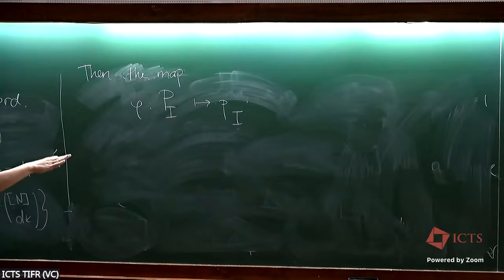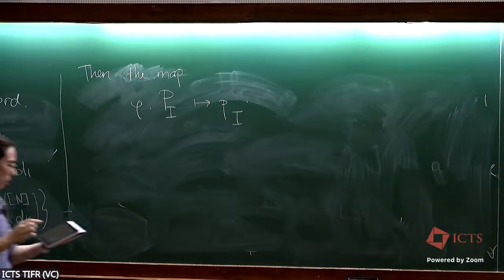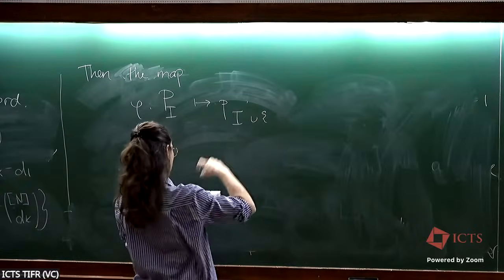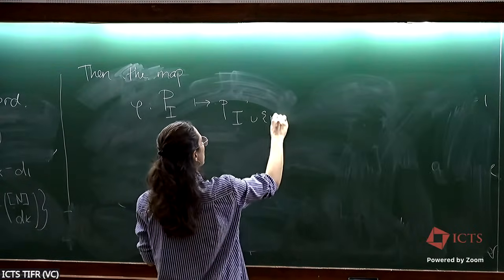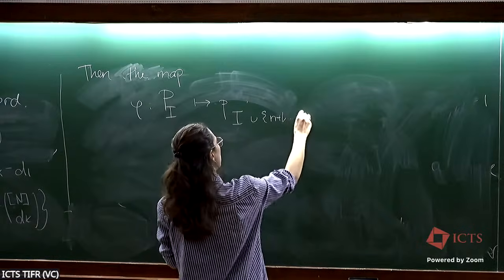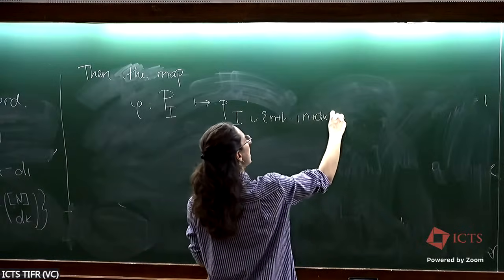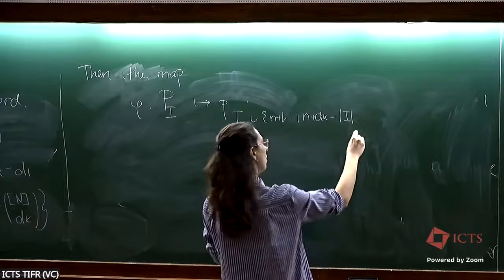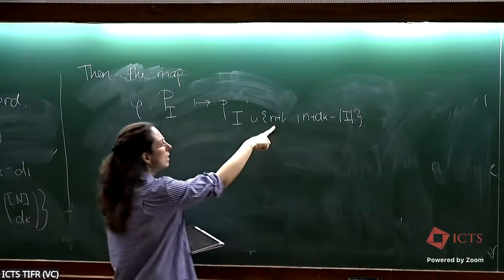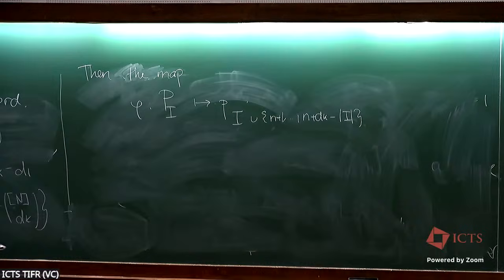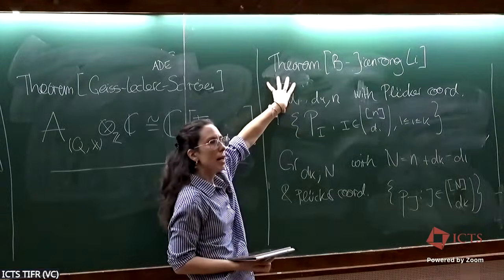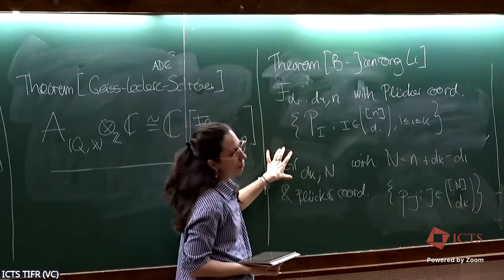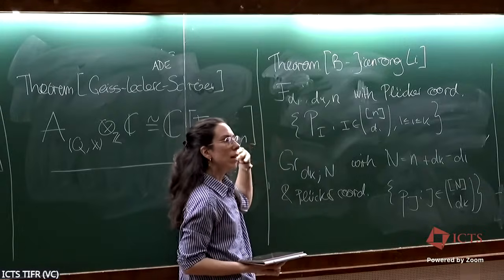If it's already d_k, I don't have to do anything. But otherwise, I can fill it up by adding n plus 1 until n plus d_k minus the cardinality of I, so just the right numbers that I need, starting from n plus 1. And this very naive map turns out to extend to an embedding of the Plücker algebra for the flag into a Plücker algebra of the Grassmannian that is a cluster subalgebra.